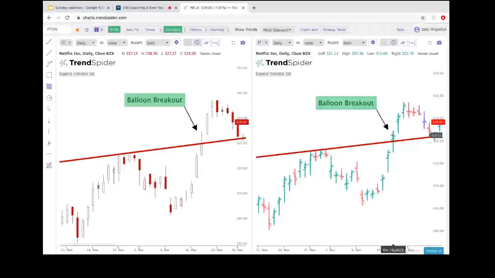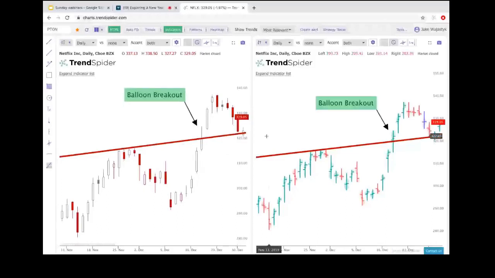If we didn't have buyers here, we probably wouldn't have absorbed the volume up here. It probably would have been on the lower end if there wasn't anyone to buy that. So this is a way you can really visualize that from a different perspective, from a volume perspective. So that's the first example.